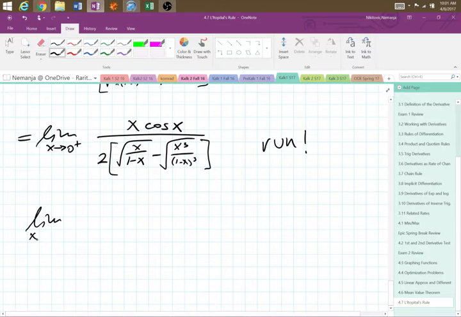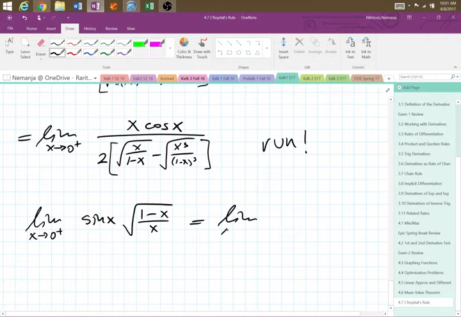Limit x goes to 0 plus sine x square root of 1 minus x over x. Split the problem this way: limit x goes to 0 plus sine x square root of 1 minus x, everything divided by root x. Why not? We can break the square root using the algebra.